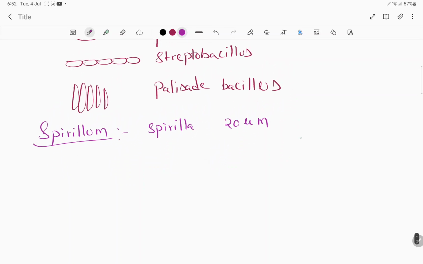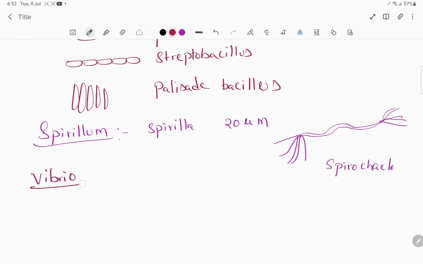Here we have flagella, and spirochaetes. And we have the next thing, vibrio, comma shaped. For example, Vibrio cholerae.